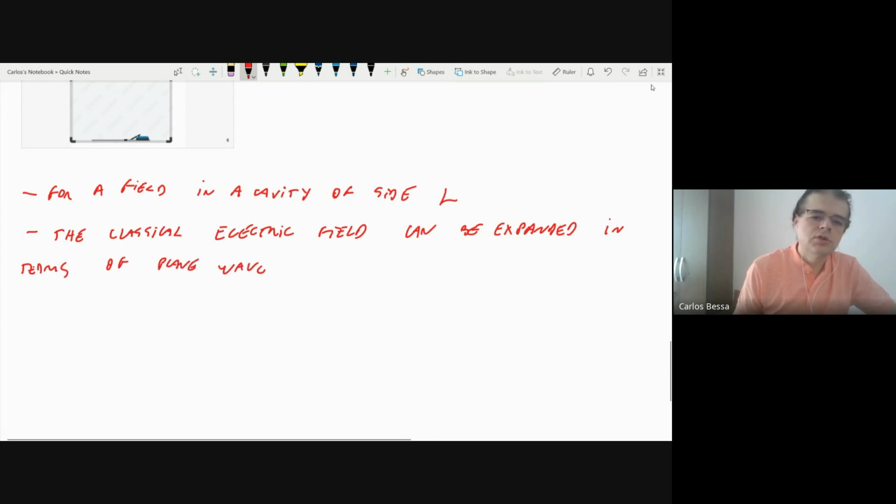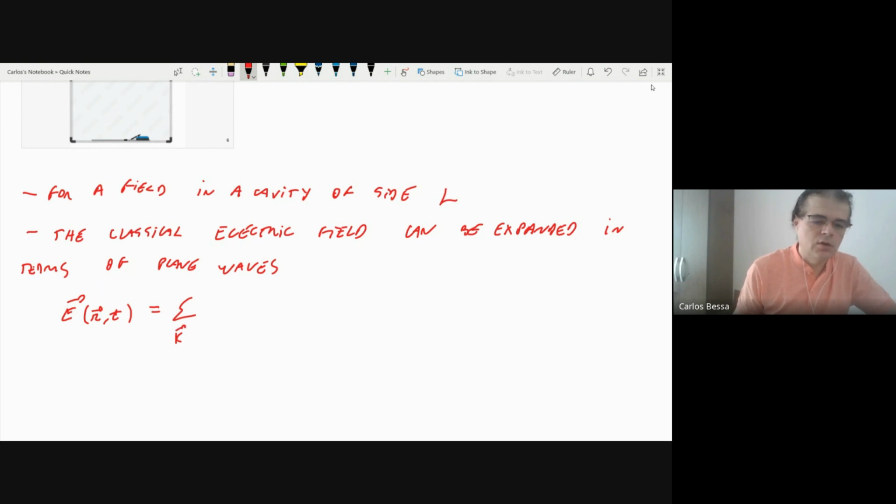And we do this by solving Maxwell equations. I'll give here only the result. So the electric field at time t, position r, can be expanded in terms of plane waves.